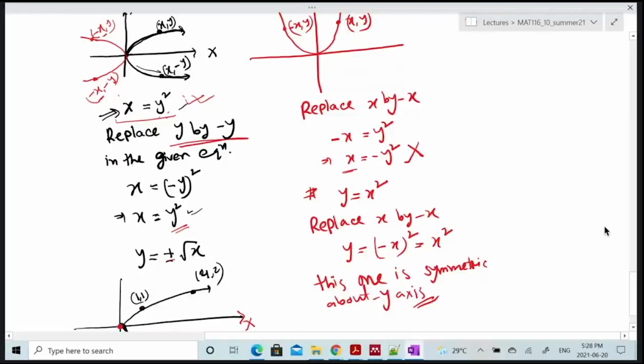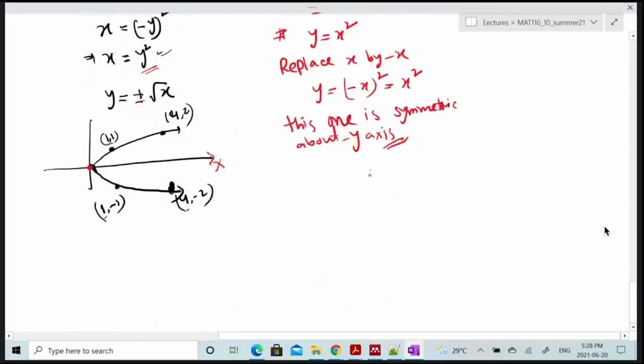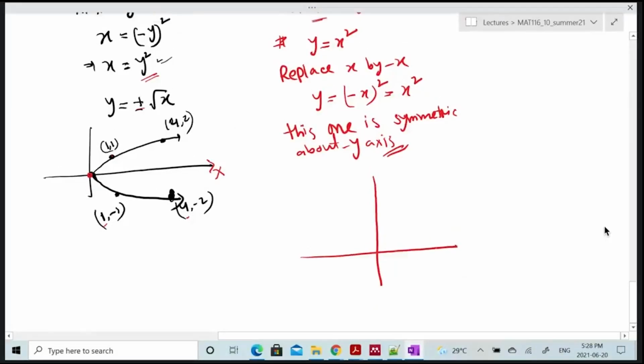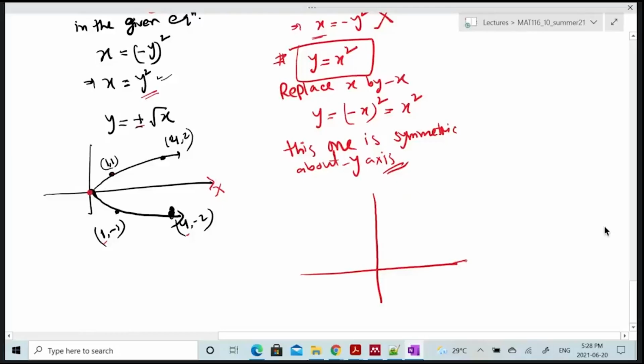Now remember I told you that I want to show how you can draw the graph of y equal to x square later. Now we see how, by using the concept of intercepts and symmetry, we can draw it easily. So what are the intercepts? For y equal to x square, what will the intercept be? 0, 0. Yes, it's just 0, 0. So see, we can't do it with only 0, 0, we need more points.